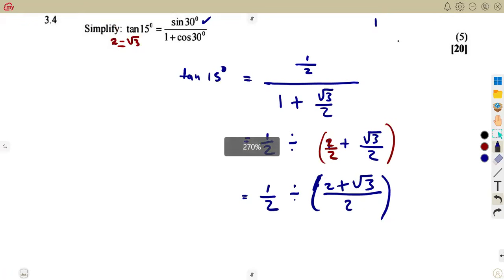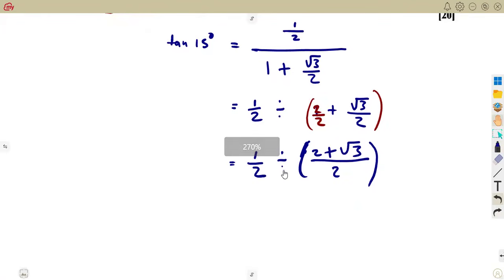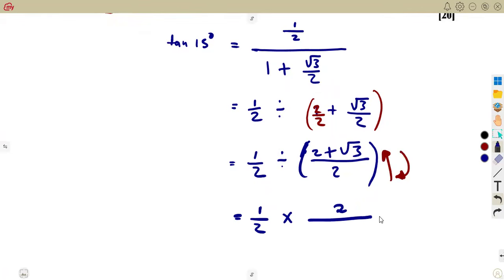Looking into this, we can say that there is a division, and from a division, we can introduce a multiplication. And we do understand that once we introduce a multiplication, we invert the second fraction. So it was going to be 2 over 2 plus the square root of 3.